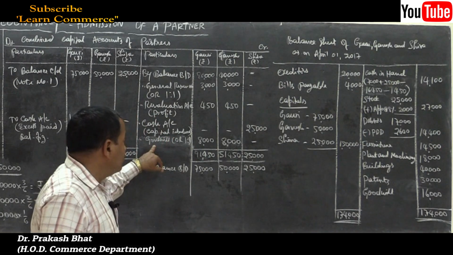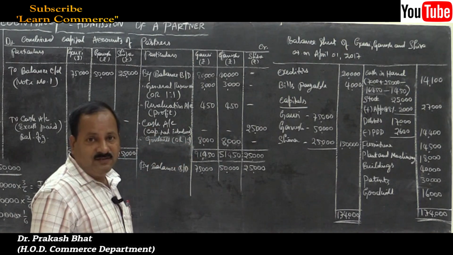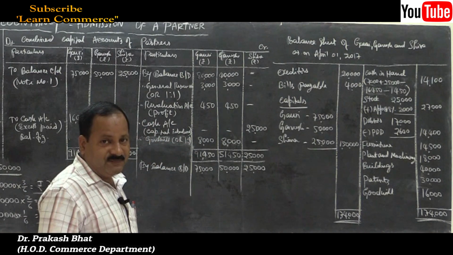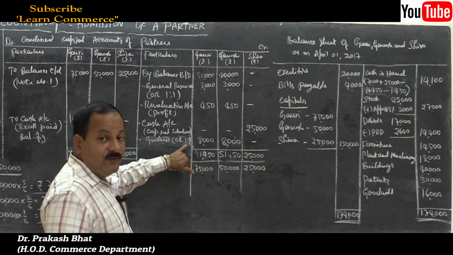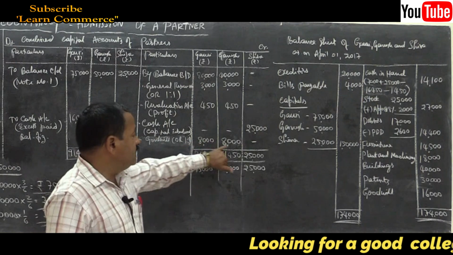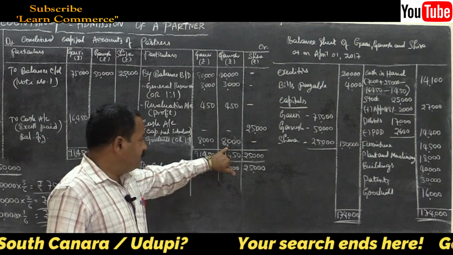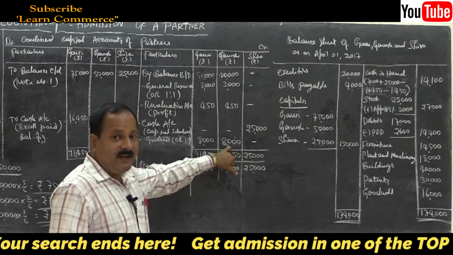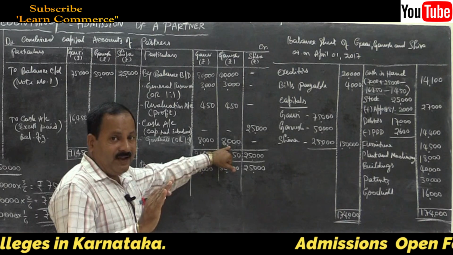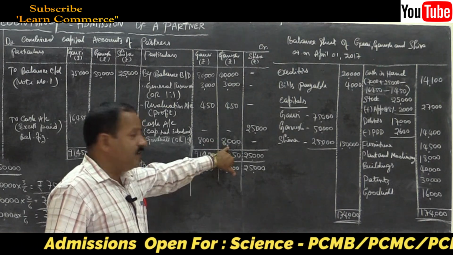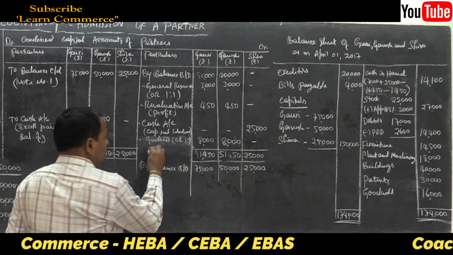Credit goodwill here. Erase that deficit brought in, there will not be deficit. In their old ratio 1:1, goodwill 8,000 and 8,000. Delete that deficit entry and in that place write 8,000 and 8,000.